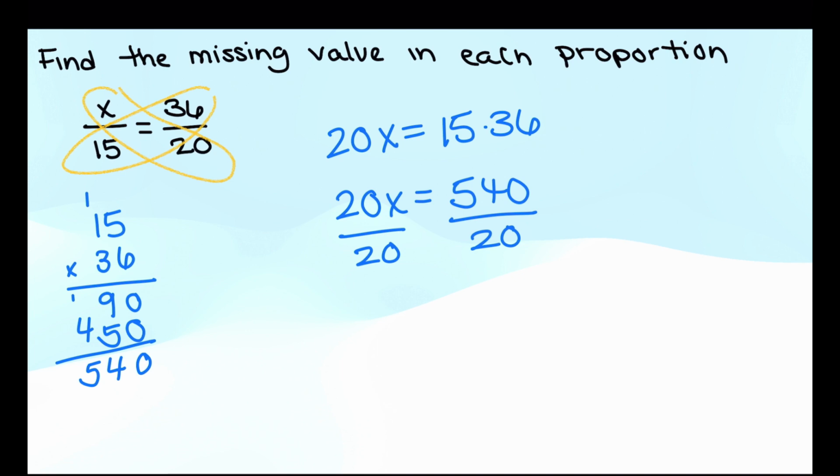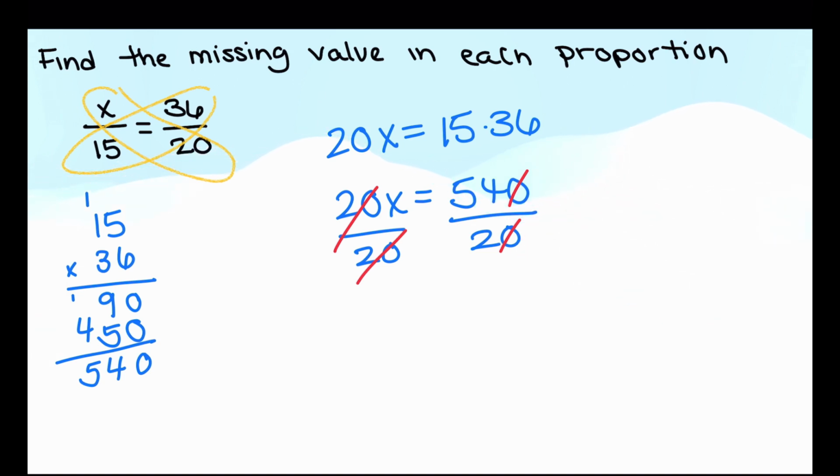Now we can solve for x because it's 20 times x. We have to divide both sides by 20. Dividing by 20 isolates the x. 20 divided by 20 is 1, so we can just cancel out those 20s on the left-hand side. On the right-hand side, we've got 540 divided by 20.